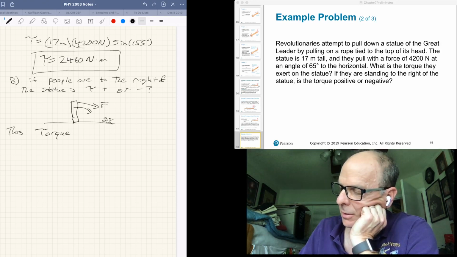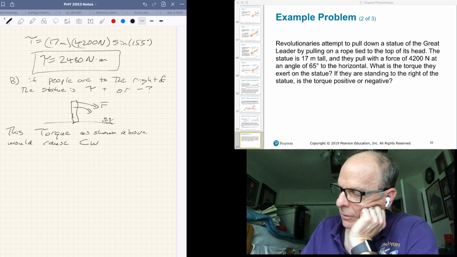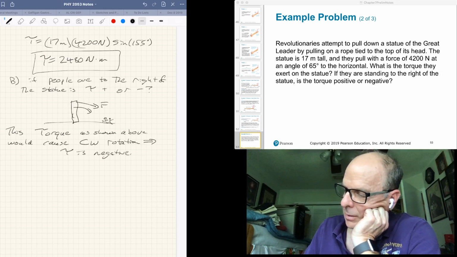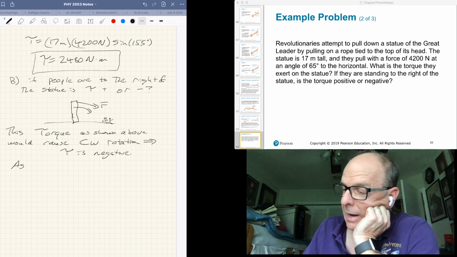This torque, shown above, would cause a clockwise rotation. Clockwise is negative. As shown on the previous slide, I had them on the left.